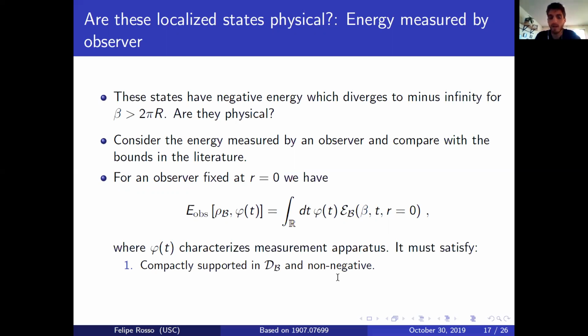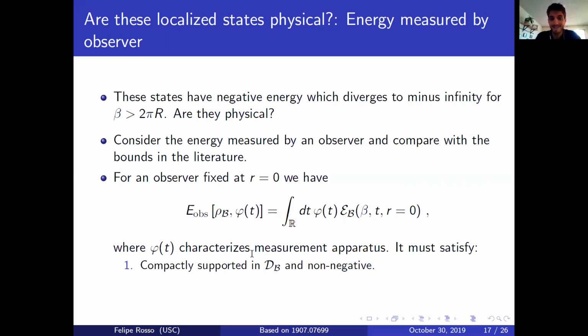This phi function has to be non-negative, and it has to be compactly supported in the causal domain of the sphere. It has to be non-negative because we should think of this function as a weight function. And it has to be supported in the causal domain of the sphere because this is where our state is properly defined.